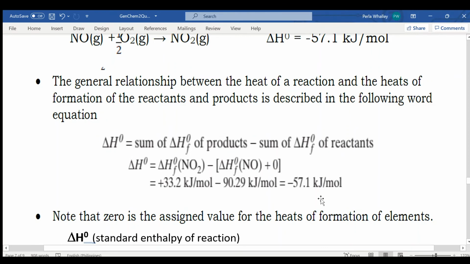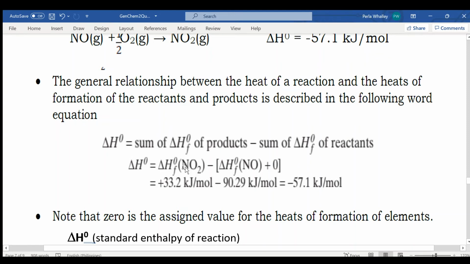The general relationship between the heat of reaction and the heats of formation of the reactants and products is described in the following word equation. The standard enthalpy of reaction is equal to the summation of the standard heat of formation of the products minus the summation of the standard heat of formation of the reactants.